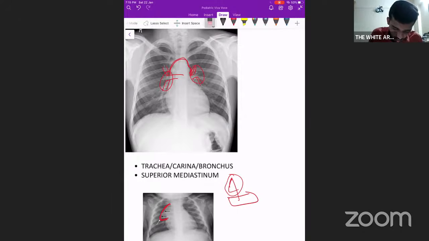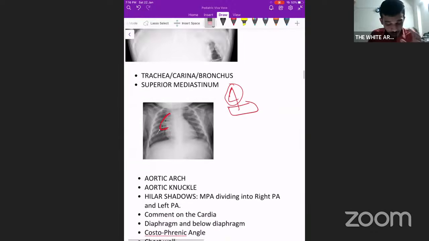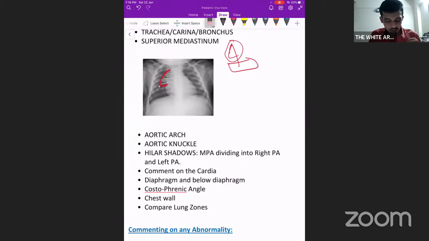And one more thing what you can comment about is over here in the parahilar region, if you have some mass like this, most of the time it is a lymph node mass, correct? You can comment about parahilar lymph node. For example, in a case of TB, you might get a parahilar lymph node. Okay, so these are the parahilar structures which you comment about. So that is what you can see, main pulmonary artery dividing into right and left pulmonary artery. Then you comment about the cardiac borders, whether there is cardiomegaly or not.